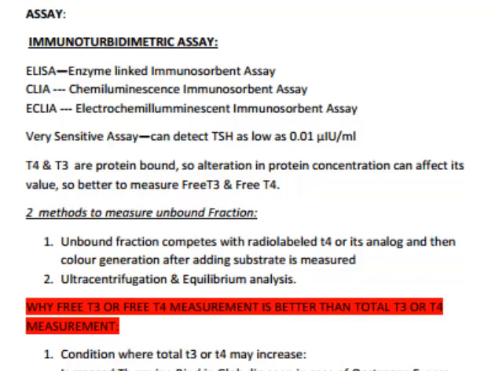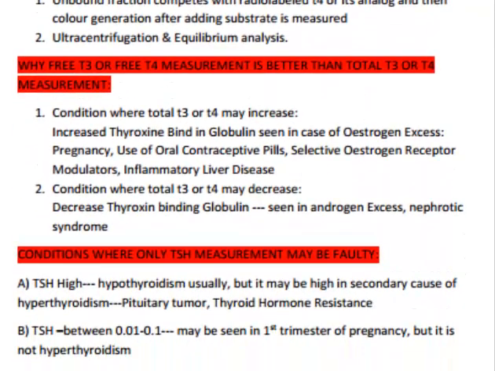Now, there are some conditions where FT4 or rather unbound T4 or T3 is more specific than total T3 and T4. Now, what are the conditions?